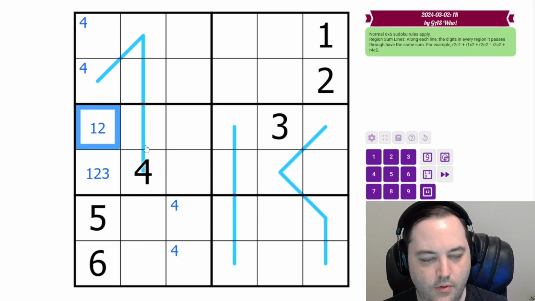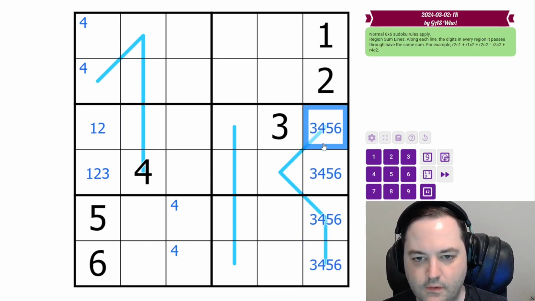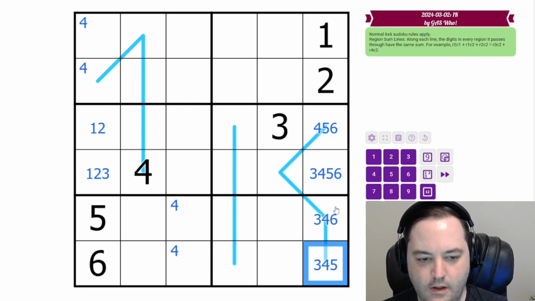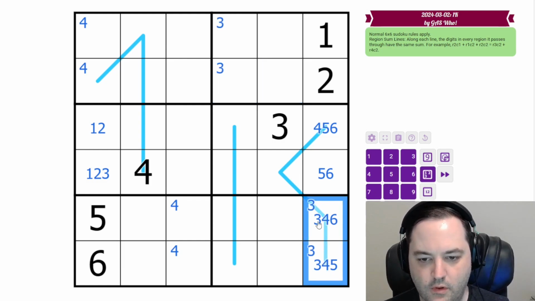That would be a 3. We have 3, 4, 5, 6 here. That's not a 3. That's not a 5. That's not a 6. That's not a 3 or a 4. Okay. We have 3 here. So 3 is in one of these cells, which we already knew.